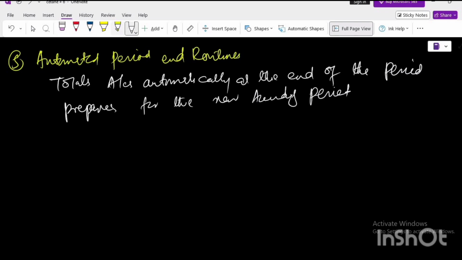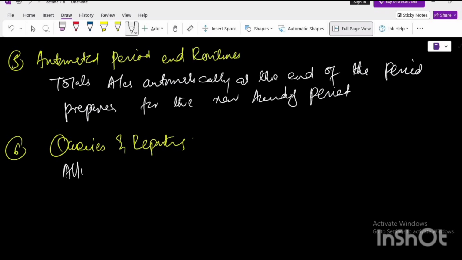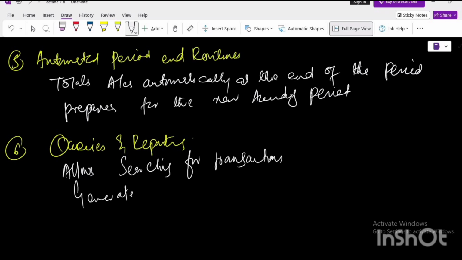And now the sixth feature is queries and reporting. This software allows searching for transactions and generating standard reports.